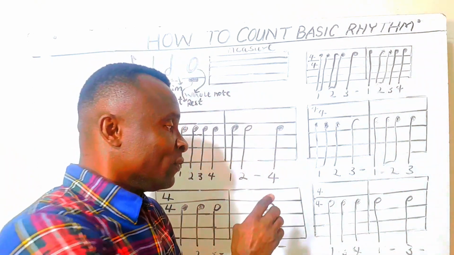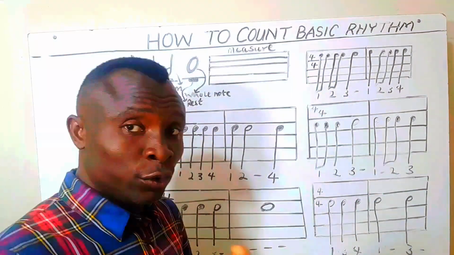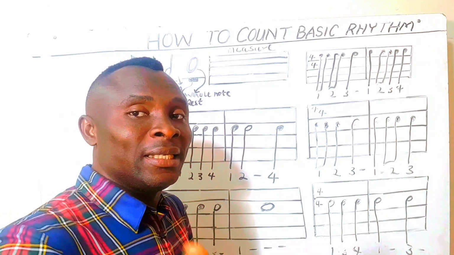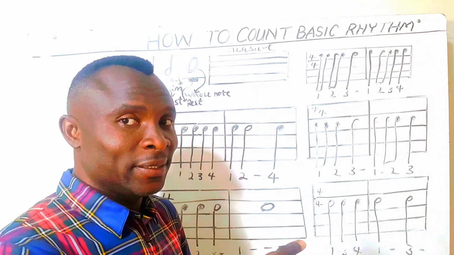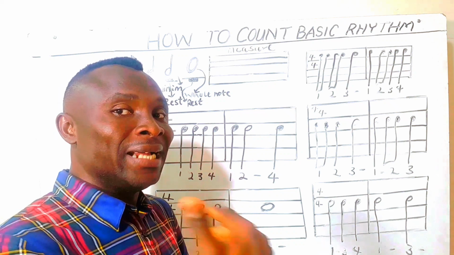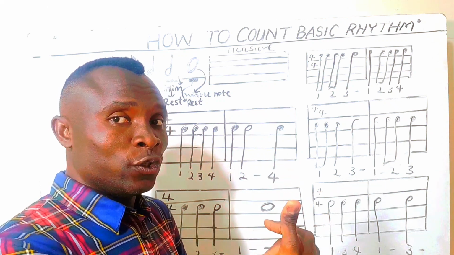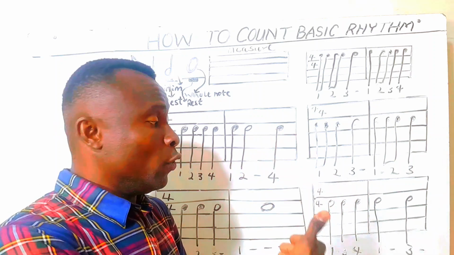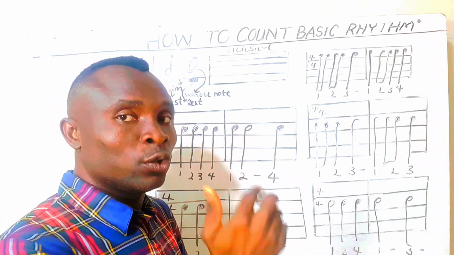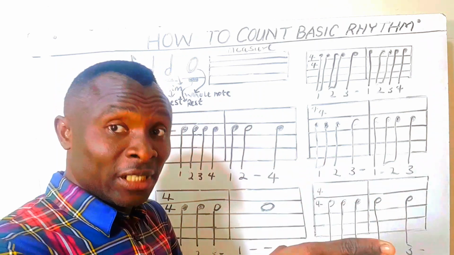So we are using 1 do for the half note, but we are extending the time frame to cover the 2 beats which it represents. That's why you notice that I delayed while pronouncing the do for the half note, while I took the normal 1 count time frame for the other crotchet beats.